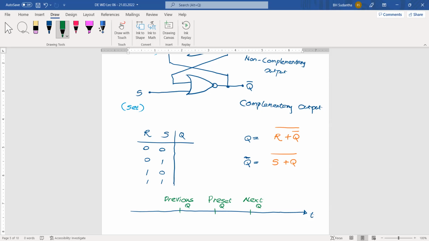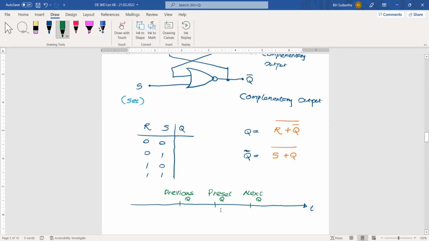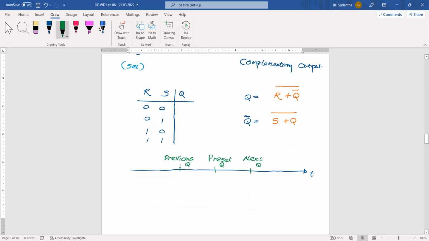When you determine the present Q value, we need to take the previous Q also, because combining the previous Q value and the present input values, we make the present Q.